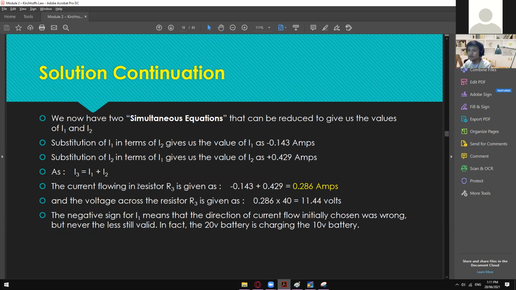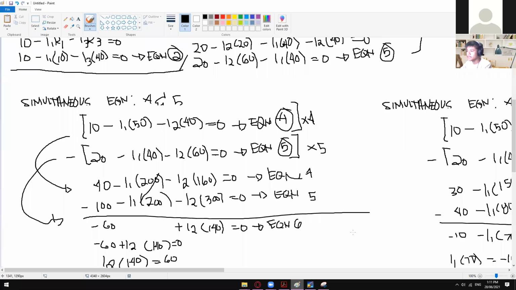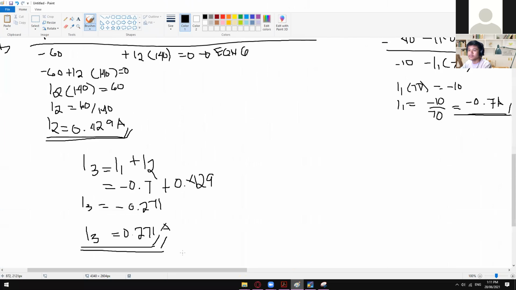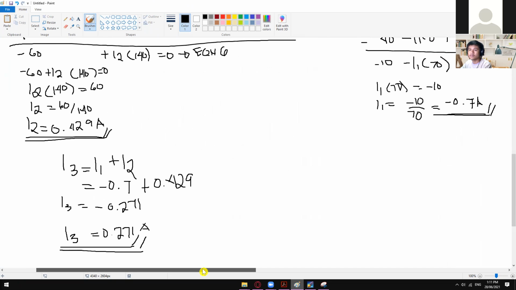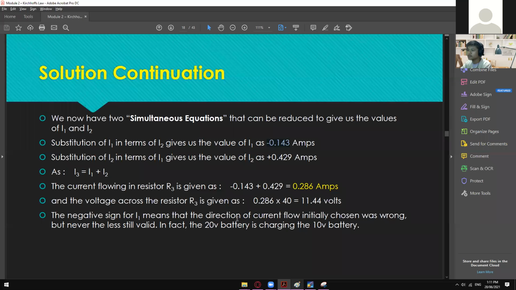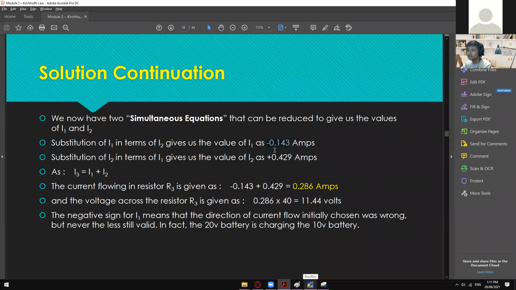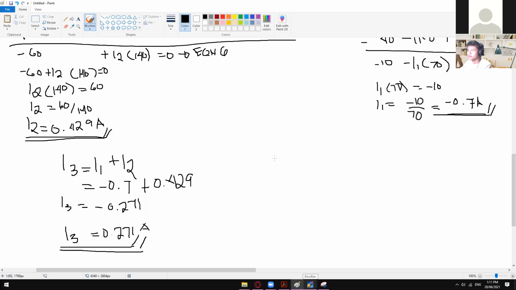After that you will get these results right here. We have I1, which is -0.143. Let's compare it. The other one is 0.429. Why did we get a different result here? -0.143.